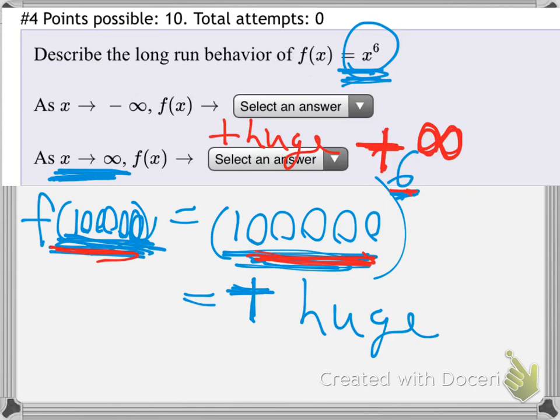And our mathy way to say it is, as the x values approach infinity, the function values, the f of x values, the outputs, the y values, will approach, that's what that arrow means, also positive infinity, going to be actually way huger than the input numbers.